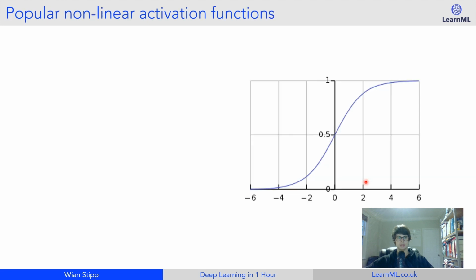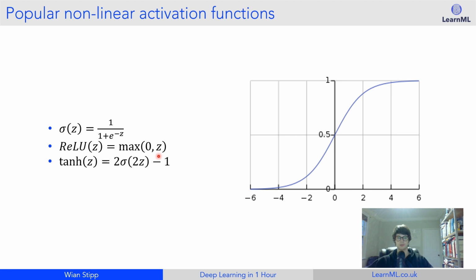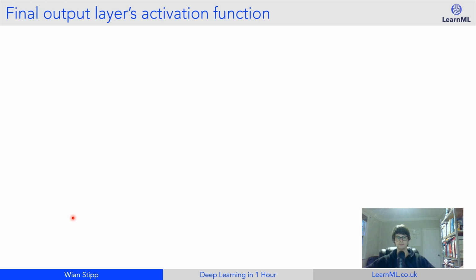Okay, so here's the sigmoid activation function. We've touched on that in the workbook. The ReLU is a super important one and one to know. It's just the max between 0 and z. So if you have a negative number as z, you just output 0, and if it's positive, you output z. Tanh is another one, and you can see it's related to the sigmoid function in some way.